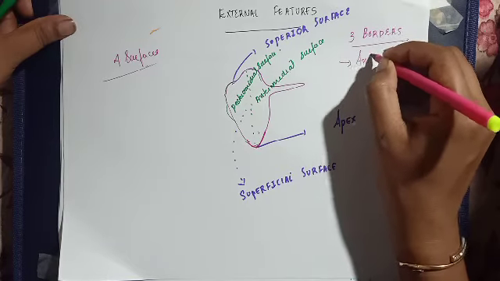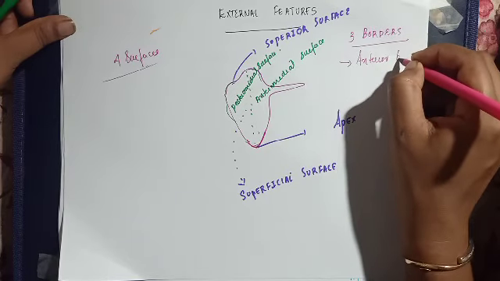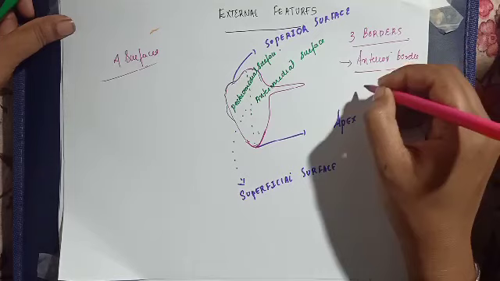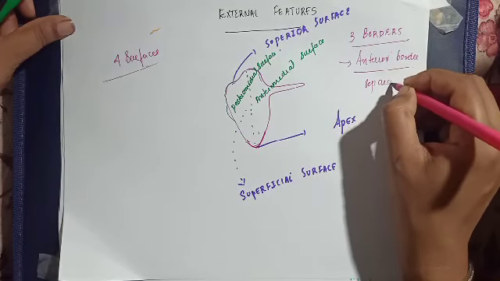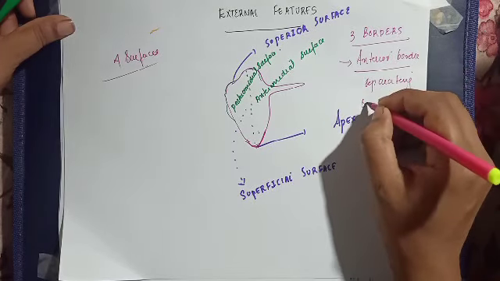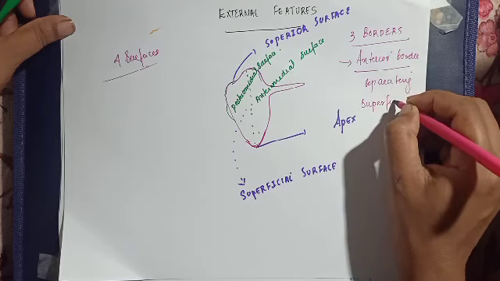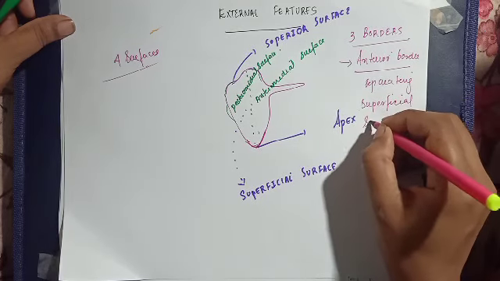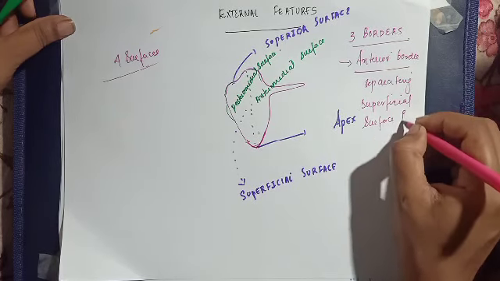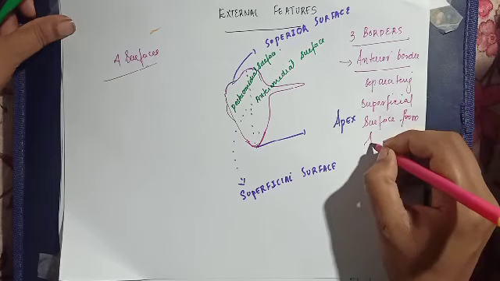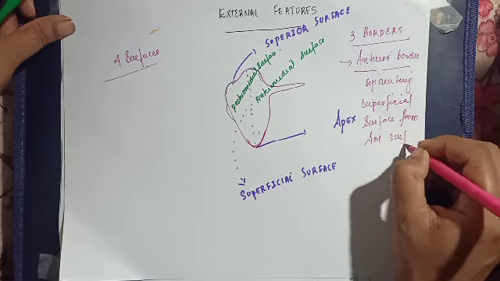One is the anterior border, and this anterior border is separating the superficial surface from the anteromedial surface.